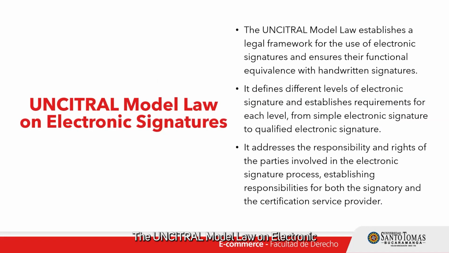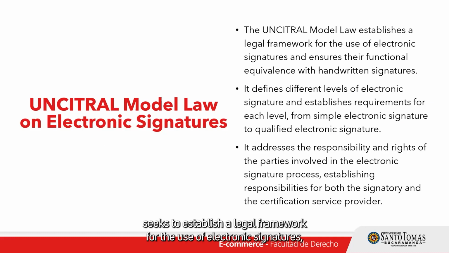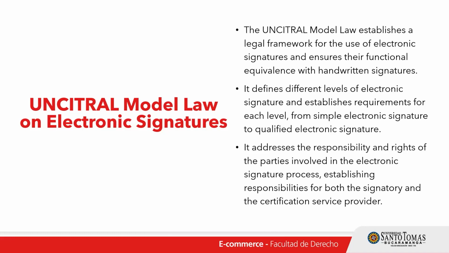The UNCITRAL Model Law on Electronic Signatures, adopted in 2001, seeks to establish a legal framework for the use of electronic signatures, ensuring their equivalence with handwritten signatures. This law defines different levels of electronic signature and its requirements. The most basic level is the simple electronic signature, which requires identification with the signatory and association with the data message.